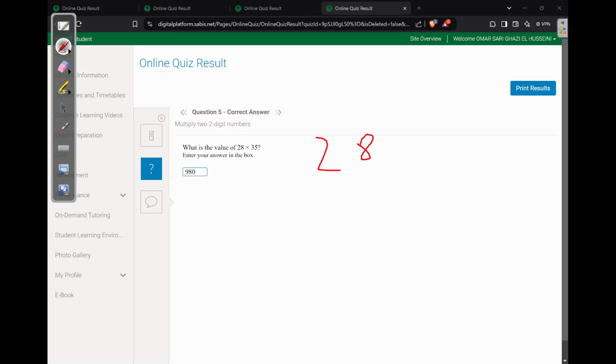28 times 35. Now we times it. 5 times 8 equals 40. 0 down, 4 up. 8 times 3 equals 24. Add that to equals 28.